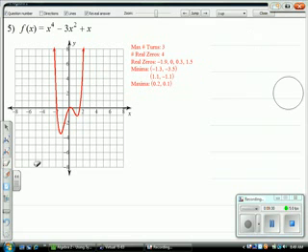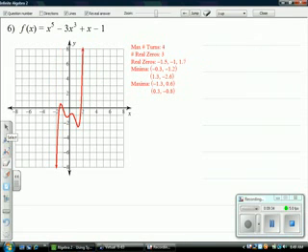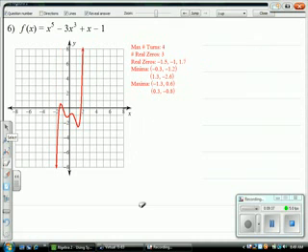What we can do now is take a look at another one. What we have is another polynomial here. We've got a lead degree of 5, so it's a degree 5, and the leading coefficient is positive, so our end behavior means it's going to be pointing down this way and pointing up that way.